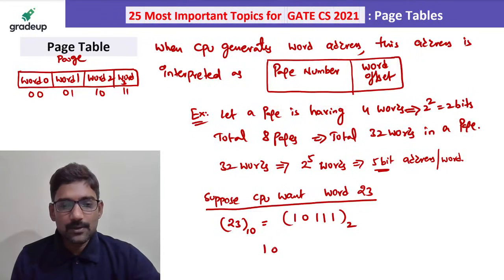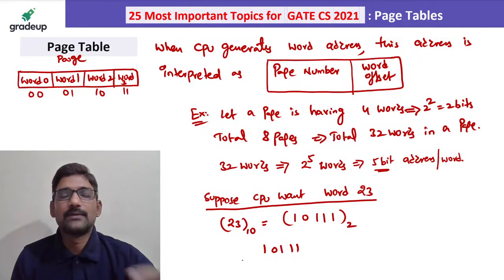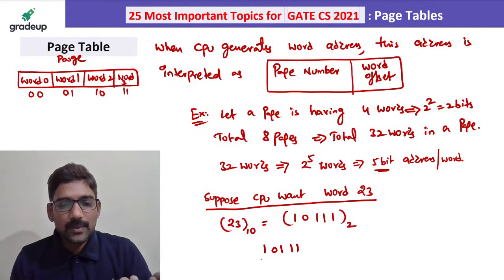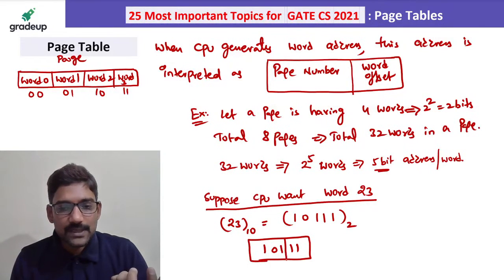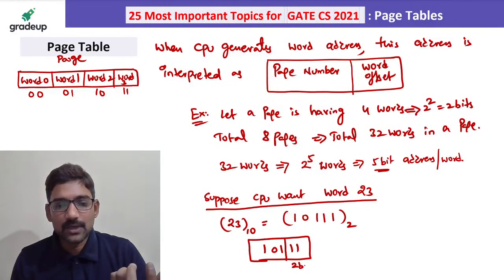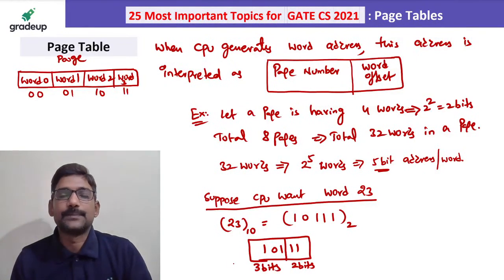So 1, 0, 1, 1, 1. Whenever CPU generates, immediately this is divided into word offset, 2 bits for word offset, and remaining 3 bits for page number.